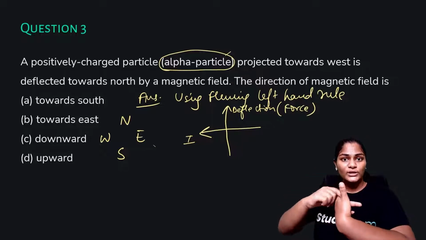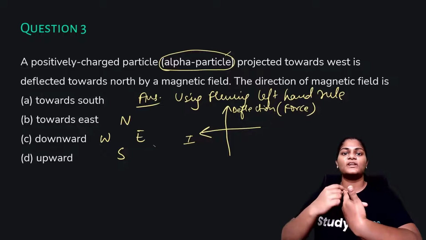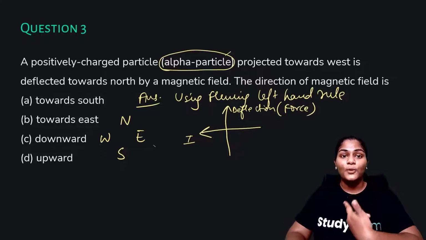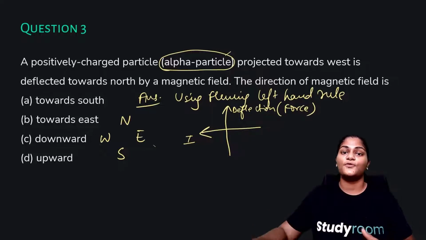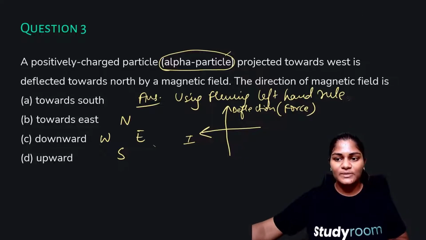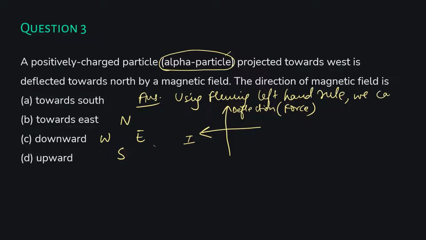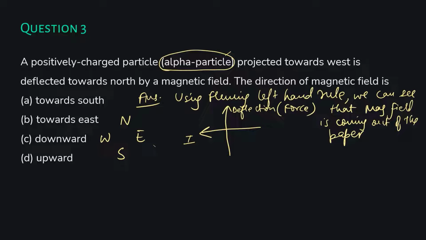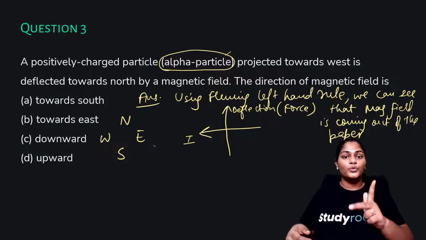So according to this, my magnetic field should be coming upwards from the paper. That means outwards from the paper. Okay, so you will write, using Fleming's left hand rule, we can see that the magnetic field is coming out of the paper.